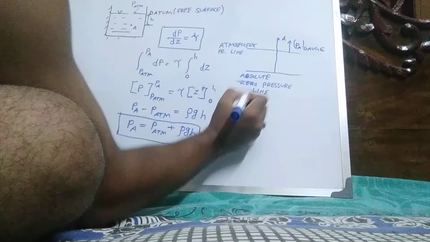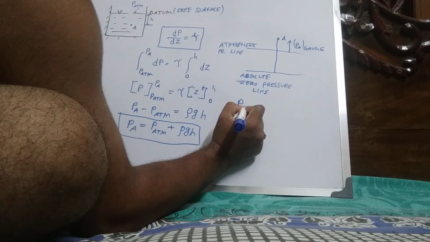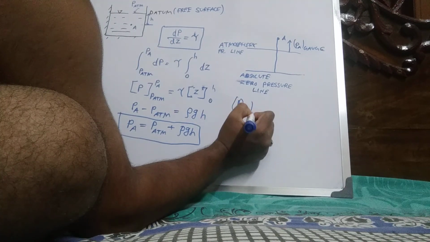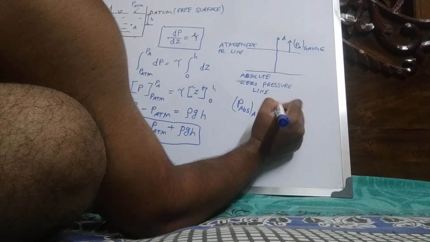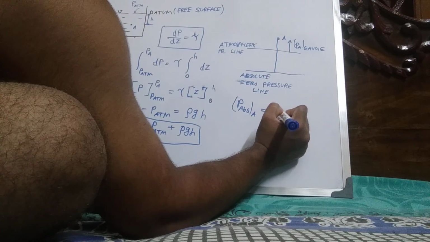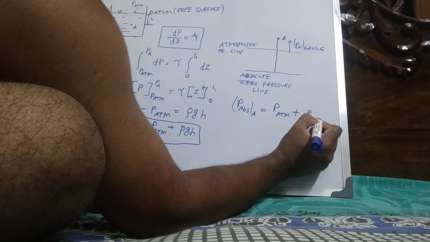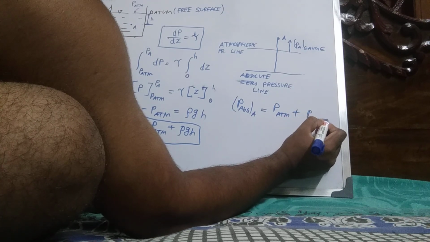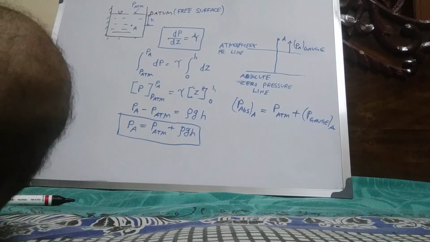So you can say P absolute at point A equals P atmospheric plus P gauge at A. Understand?